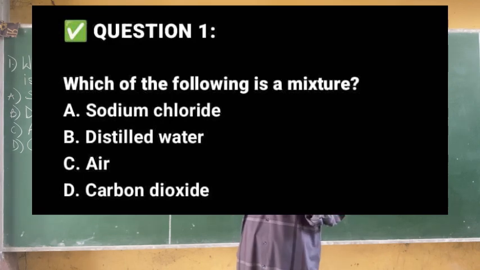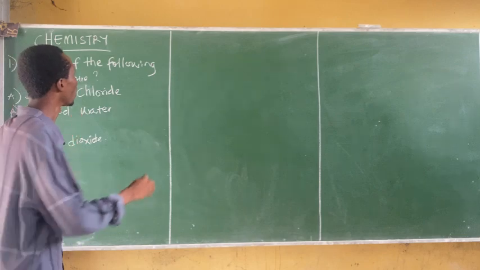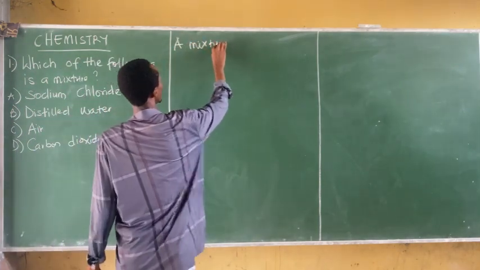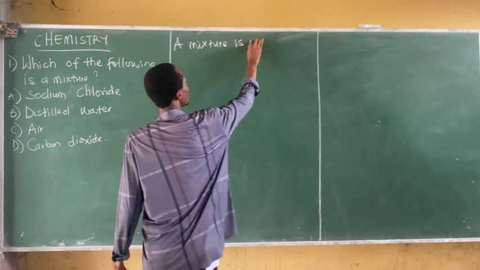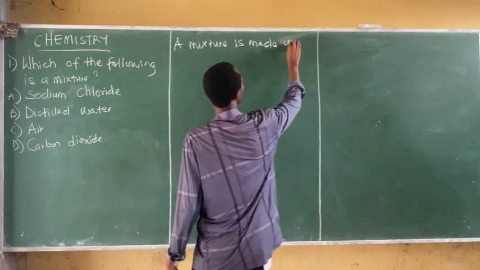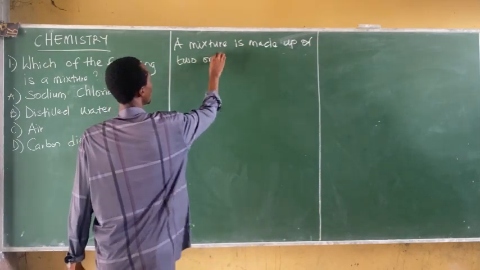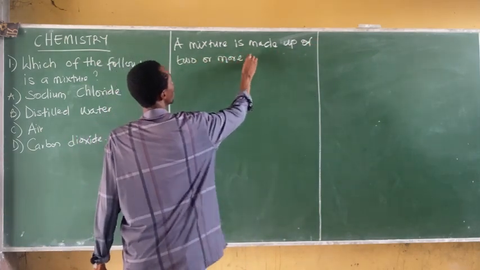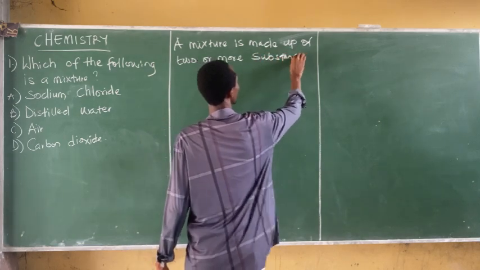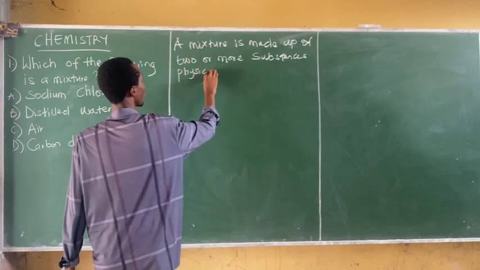The first thing we need to do here is to know the meaning of the word mixture. Now, a mixture is made up of two or more substances physically combined together.